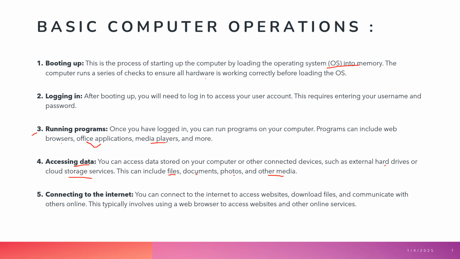The next is connecting to the internet, which we all are quite aware about. You can access websites, download files or communicate with other people present online. It typically involves a web browser, or in today's world it basically involves some sort of applications that you download on your mobile phone.